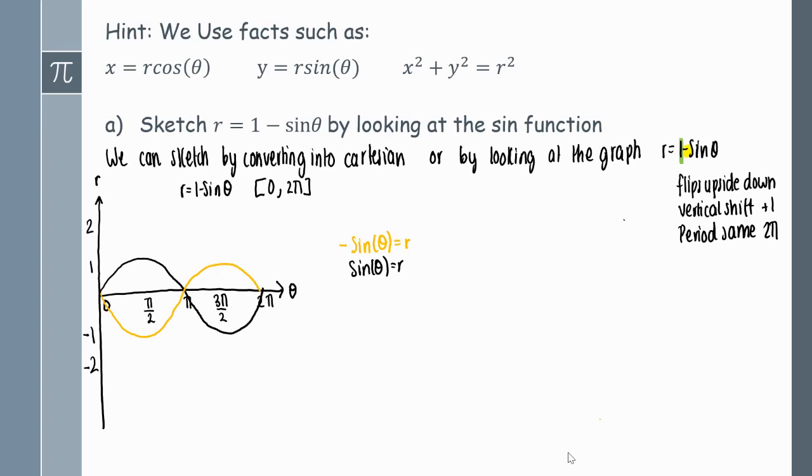And now all I have to do from this minus sine theta is add 1, or lift my whole minus sine theta graph up 1. So this will have a new range between 0 and 2, and it will start at the point r equals 1. Mine's a bit rough, but I think we get the idea.